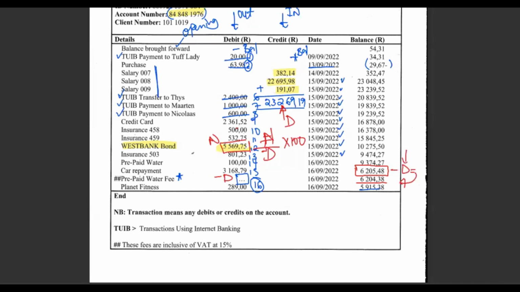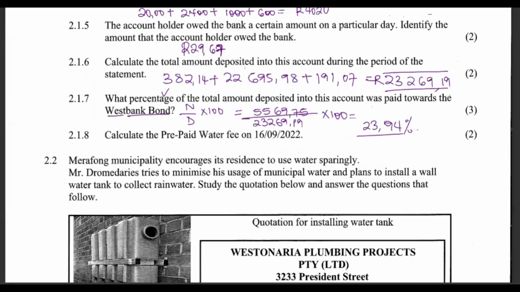So how much was deducted? So in simple terms, we're going to subtract the money that we see down here minus the money that we see on top here. So we're going to do that and we see it will be 6,205.48 minus 6,004.